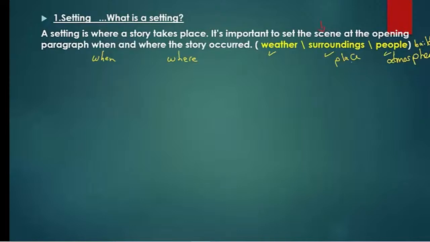This is the setting. So in the story, you should tell me where your story happened by describing the weather, the surroundings, the people, or let's say the character. Okay, next step.